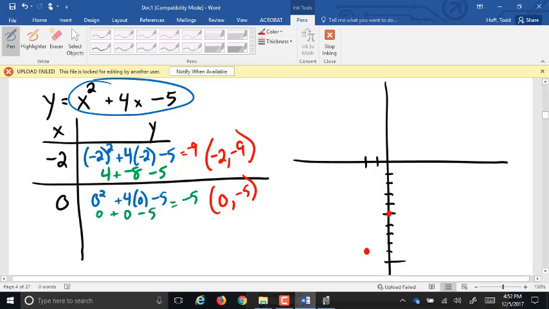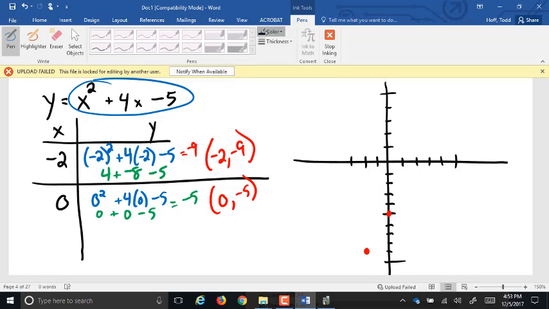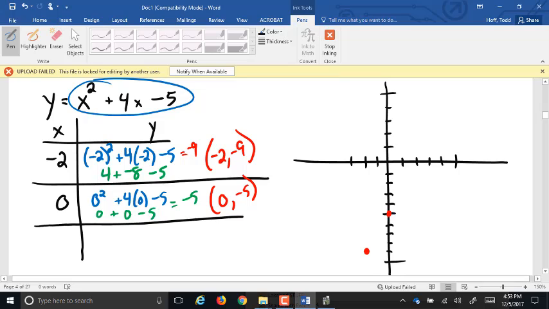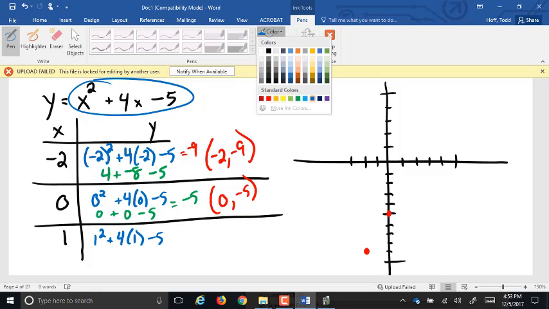Now it's tempting to just draw a line through those, but we can't be sure quite yet that that makes a straight line. So let's keep going, picking more numbers. Let's try x equals 1. So if x is 1, that's going to be 1 squared plus 4 times 1 minus 5.